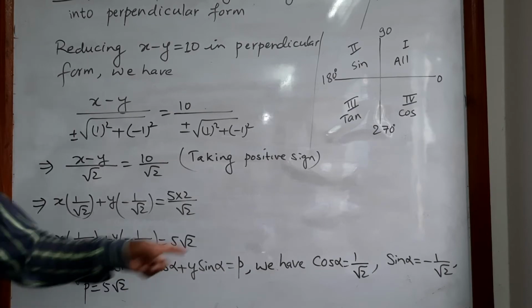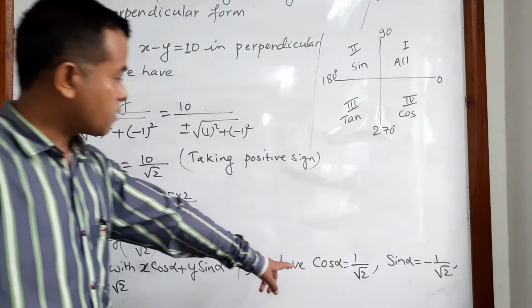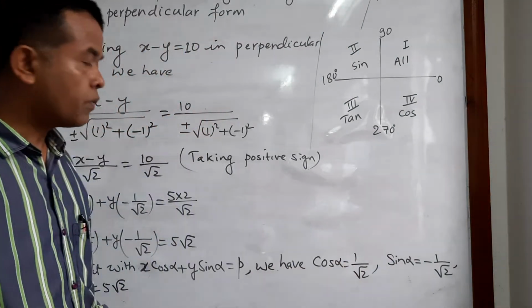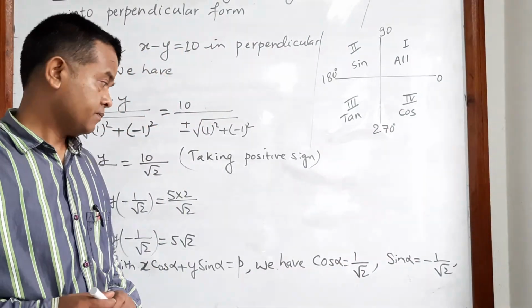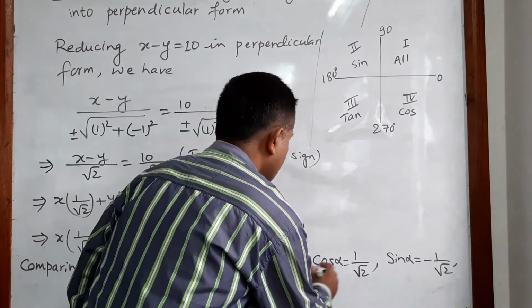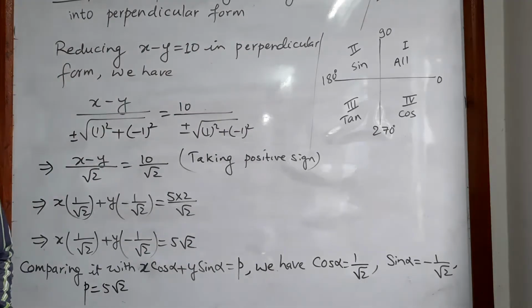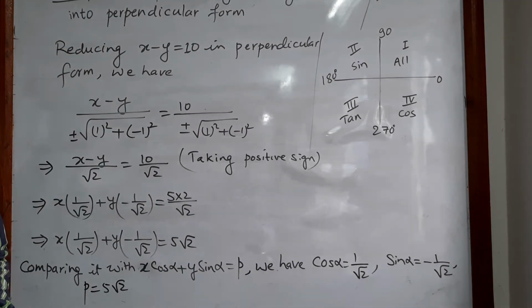First of all, cos alpha equals 1 over root 2. We will find the acute angle. Cos how many degrees equals 1 over root 2? Cos 45 degree value is 1 over root 2.